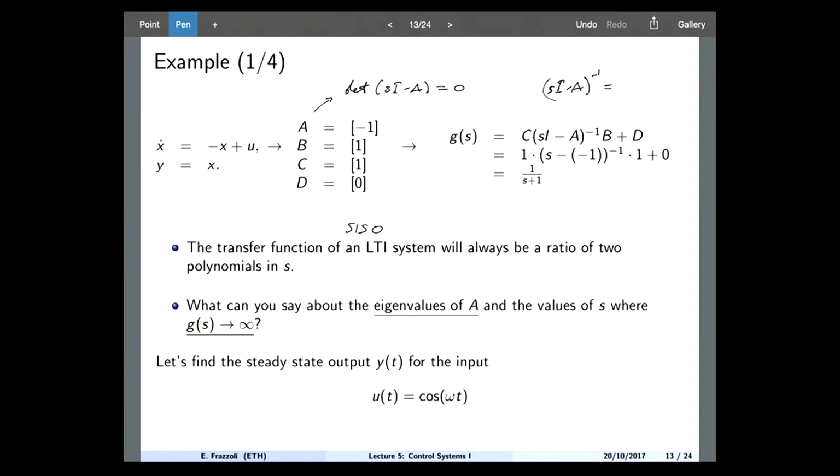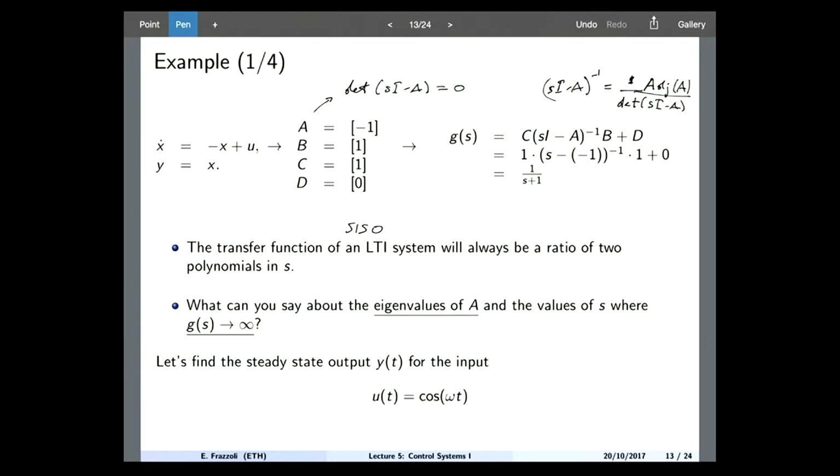You know that the inverse of a matrix is computed from the adjoint matrix divided by the determinant of sI minus A. So you see that at the denominator of this matrix inverse, you will have exactly the characteristic polynomial.